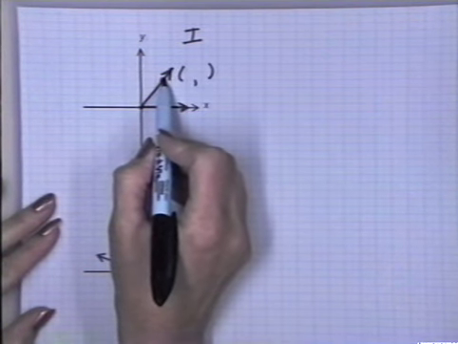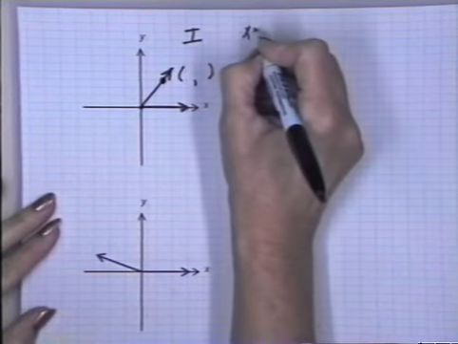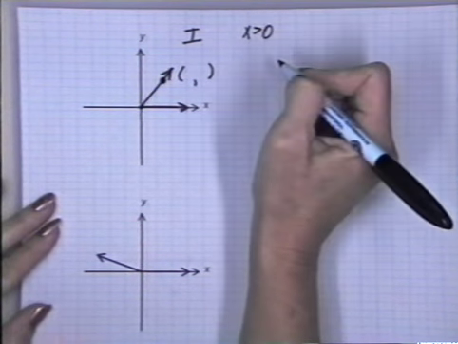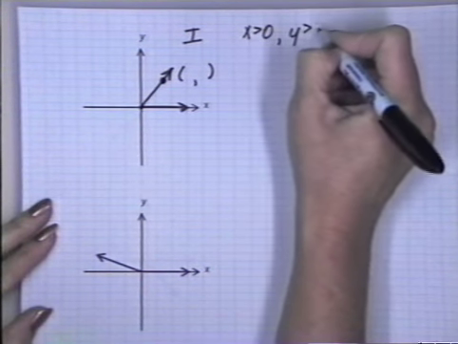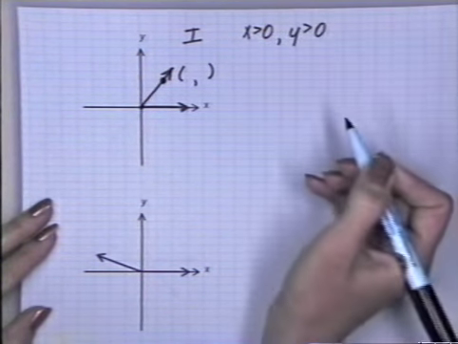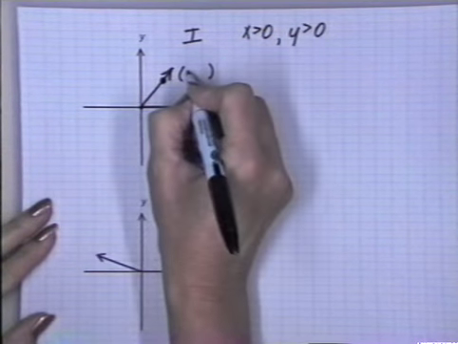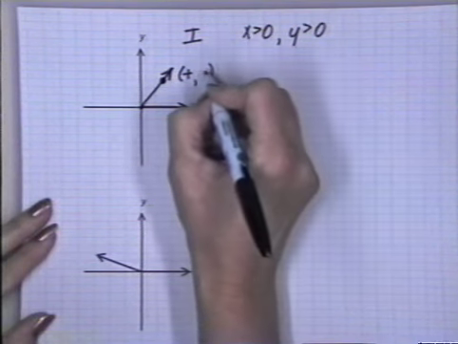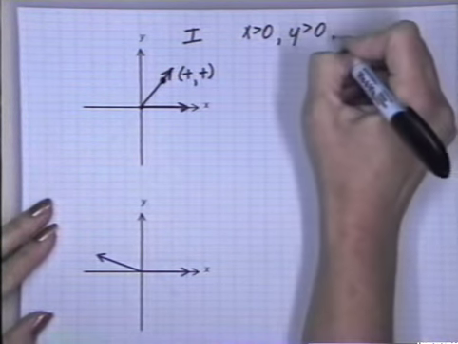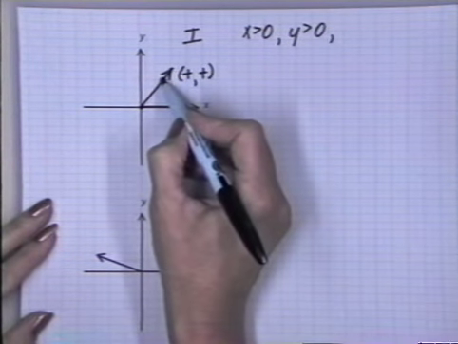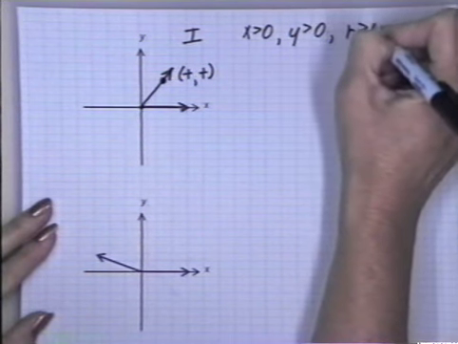Since this point would be in the first quadrant, we know that all x coordinates in the first quadrant are greater than 0, and all y coordinates in the first quadrant are greater than 0, so the x coordinate of this point must be positive and the y coordinate of this point must be positive. We also know that r is the distance from the point to the origin and that r is always positive.